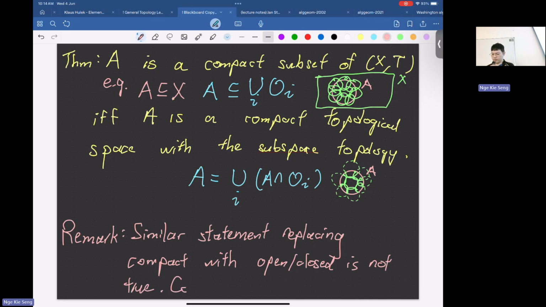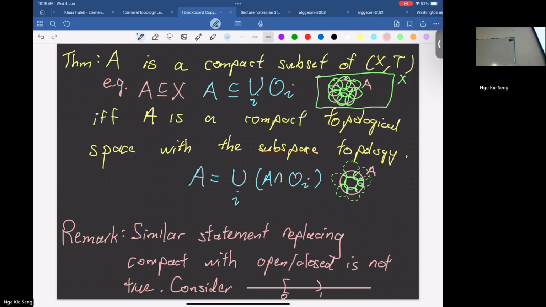Consider this half open interval. This is not an open subset, and not a closed subset of R. But if you view it as a subspace topology, it is open and closed.